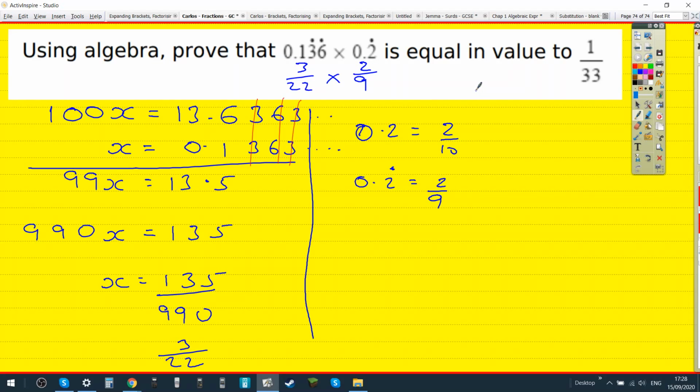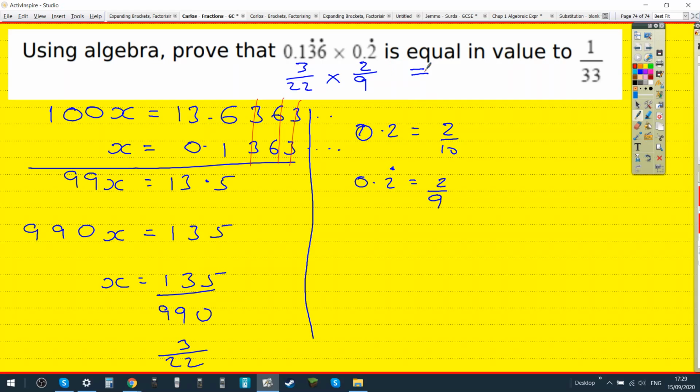Okay, then you need to times it. And you can cancel down beforehand. So what you have to do, you need to, wait, you can cancel it down more. You can cancel down diagonally.